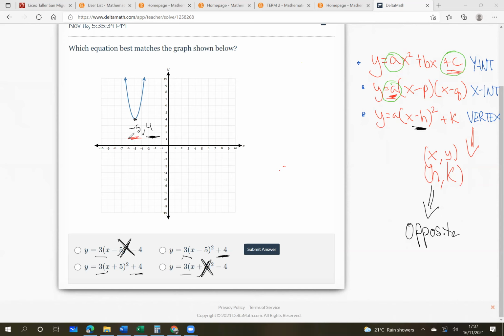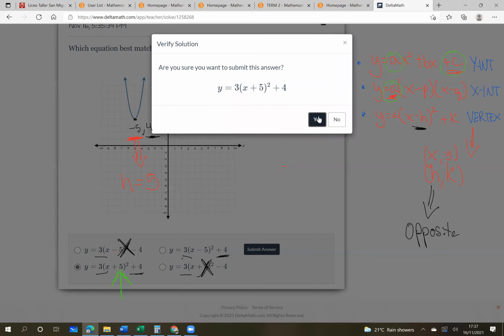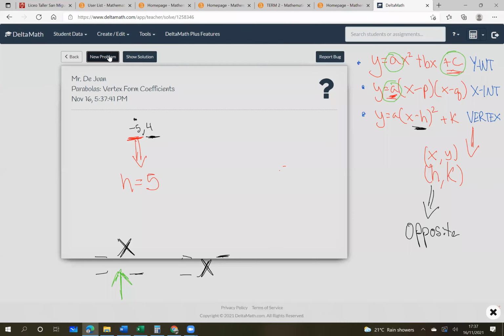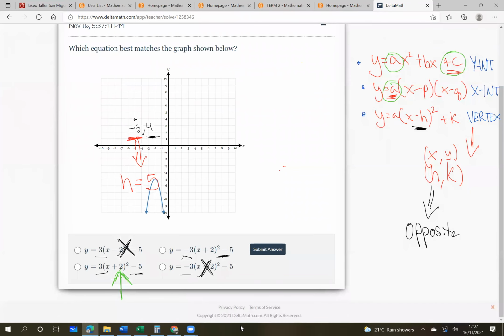So if I have -5, my h therefore has to be 5 in the equation, meaning I see that right here, 5. Let's identify it. Check. New problem. All right.